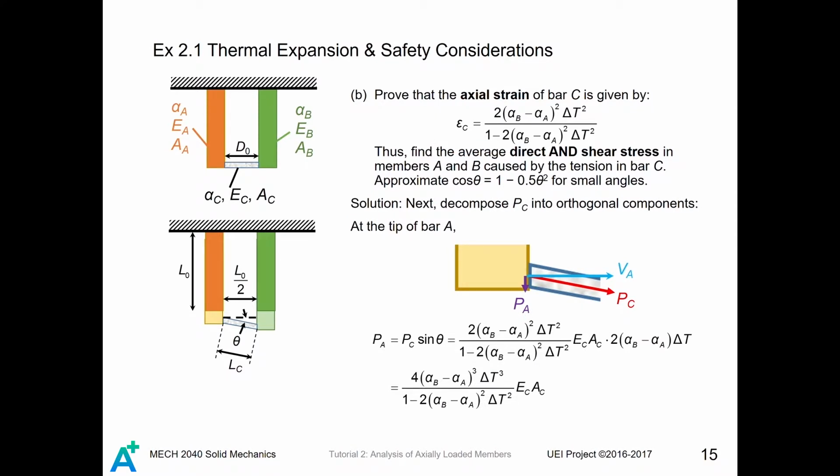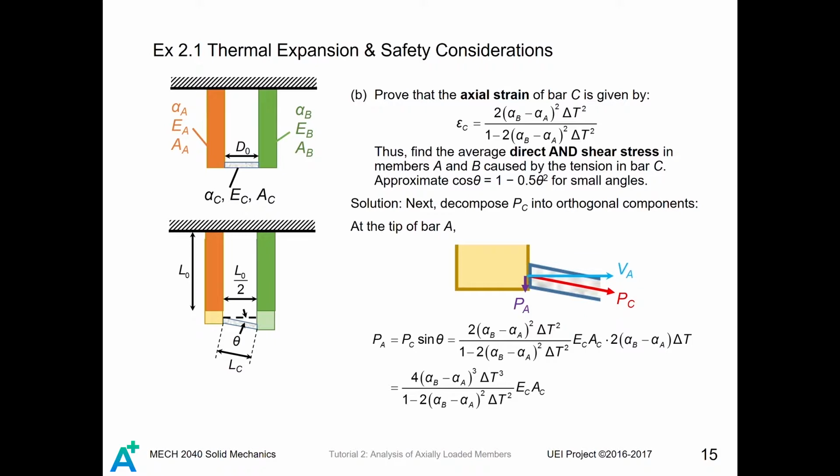Consider the tip of bar A. We know for bar C there is a tension like this, right? For this tension, we decompose it into orthogonal components. The component which is normal to the cross-section is the direct force. The component which is parallel to the cross-section is the shear force.